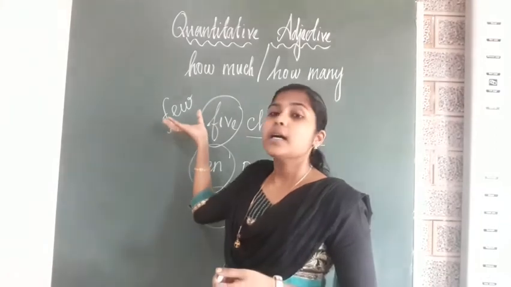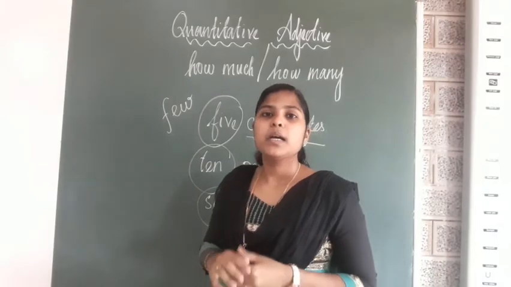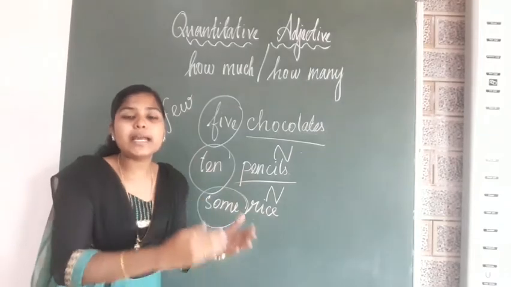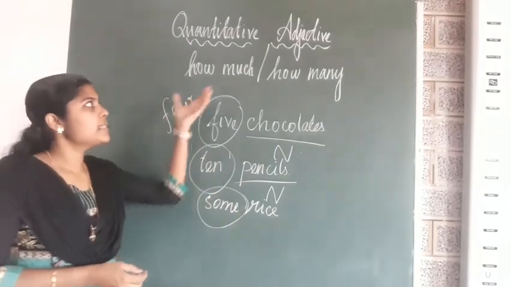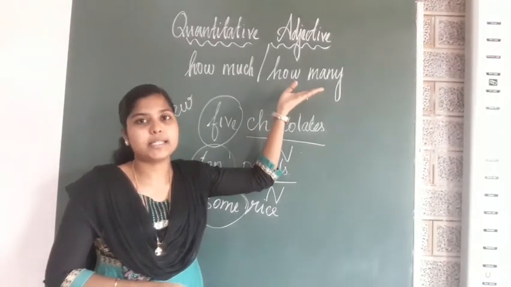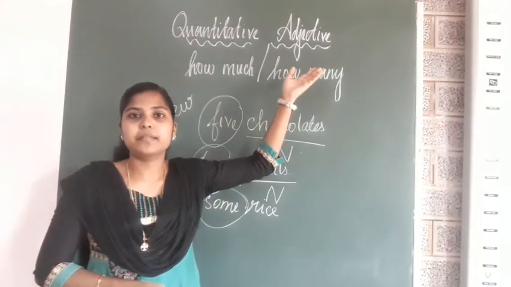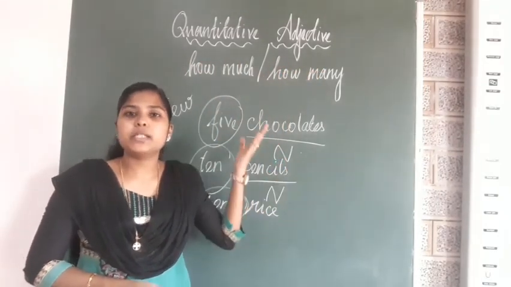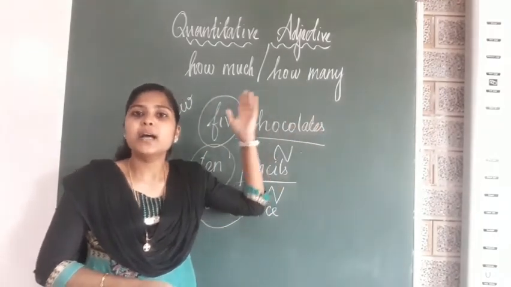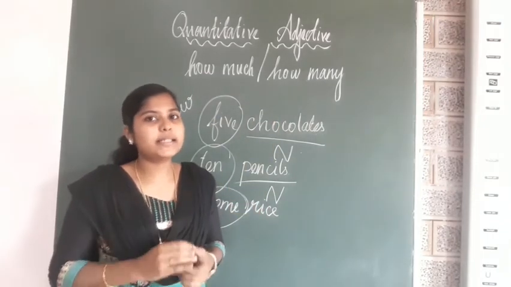Here we are saying how many students did not do the homework. So here we are saying how much or how many the noun or pronoun is. Then it is called a quantitative adjective. If an adjective is showing how many or how much, then it is called a quantitative adjective. Can you understand, students?